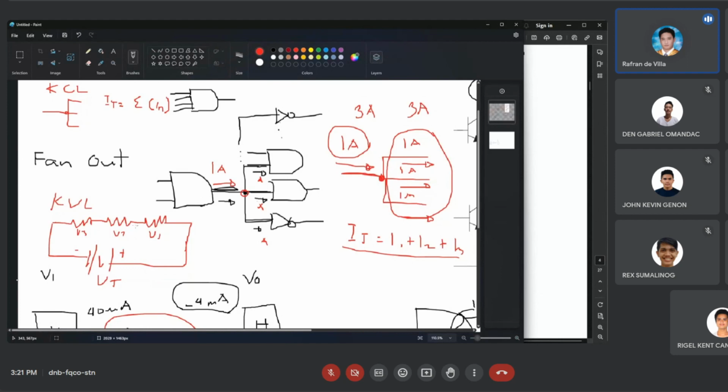Kaya ang mabahin-bahin po ani sa voltahe is kung mag-series. Kay kung mag-parallel, di ba? Ang equivalent ani guys, kung mag-parallel, ang voltahe nimo are practically the same. So V1, V2 is equivalent to voltage total.